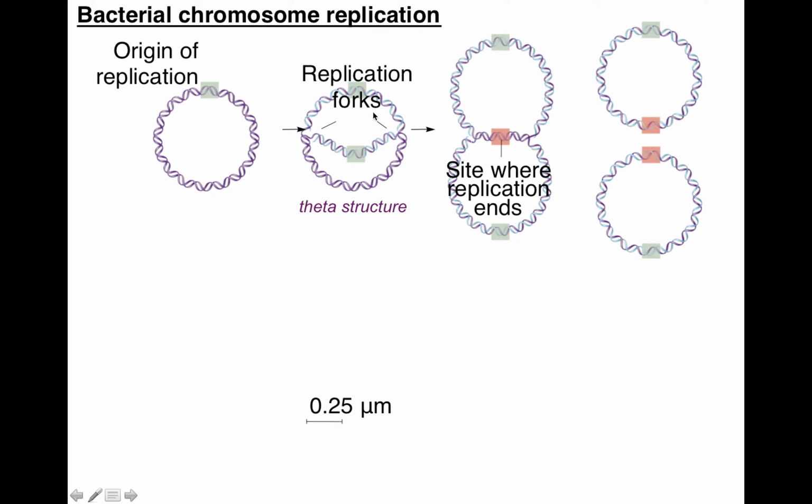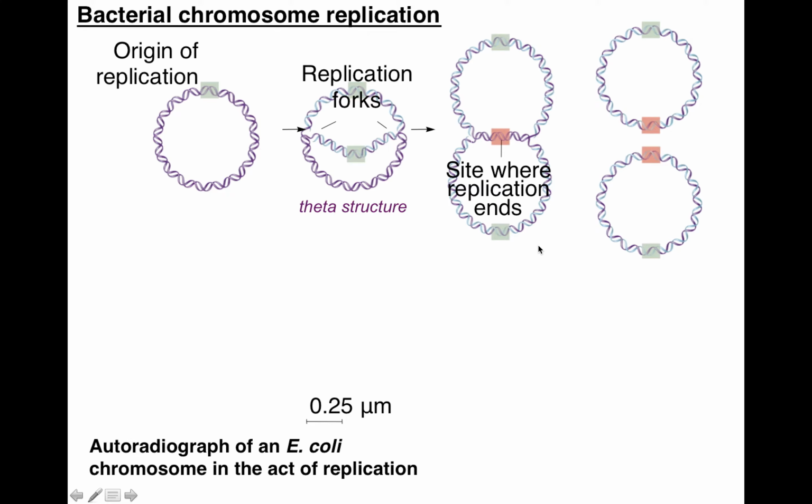This is often called the theta structure because it resembles the Greek letter theta. These forks proceed around the circular structure until they reach the termination site here, and then the two new E. coli chromosomes separate from each other.